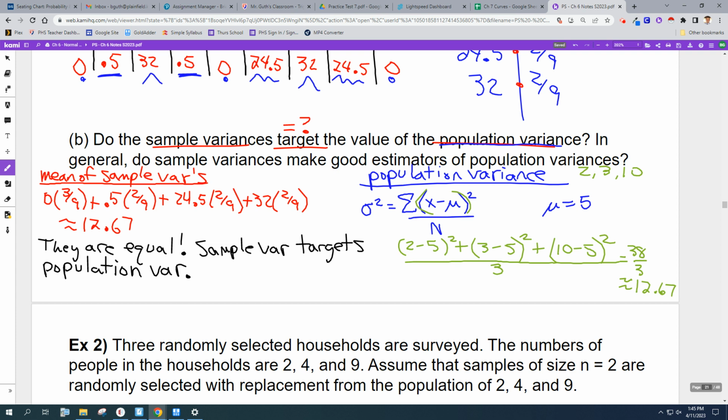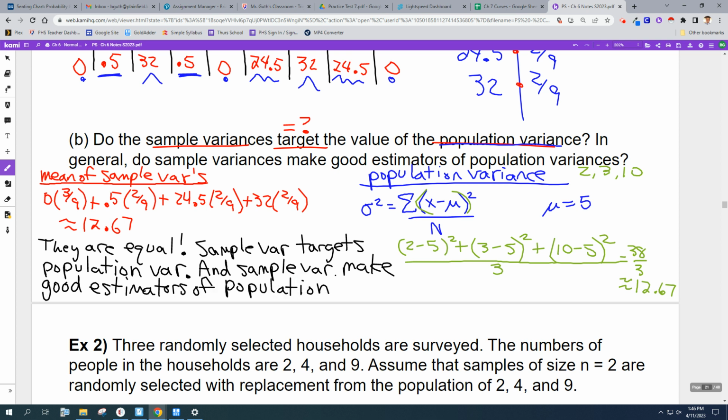And it also tells me sample variances make good estimators of population variance. That's the general recipe for every single one of the problems in this section.